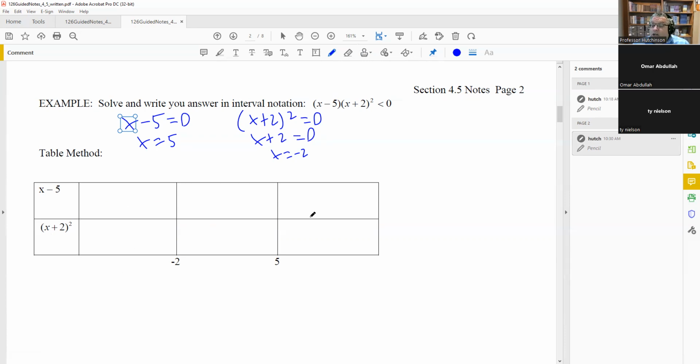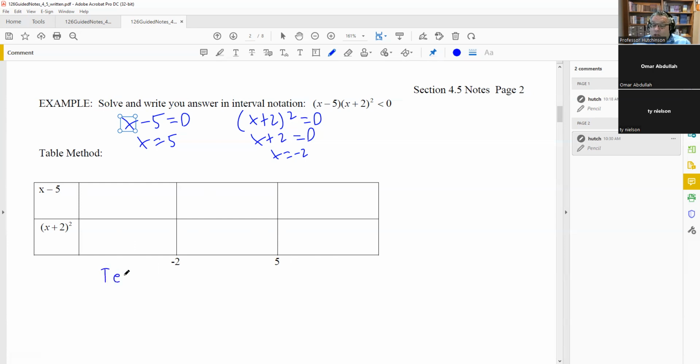Now, the reason why we're setting the table up is because we're now going to do a couple test points. Okay, so we're going to test numbers that are in each of these three regions. You'll test a number that's less than -2, any number between -2 and 5, and then any number that's greater than 5. Now, it doesn't matter what numbers you pick, as long as they fit into each of these intervals.